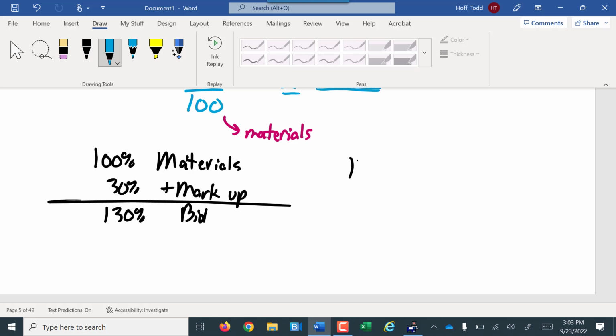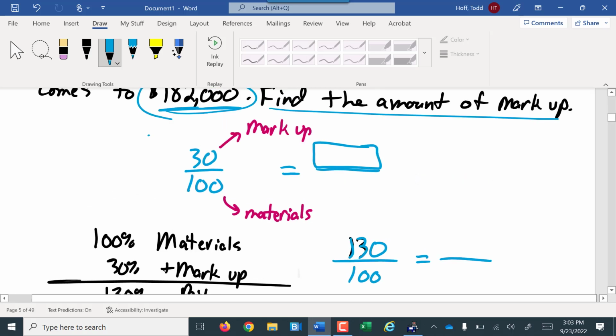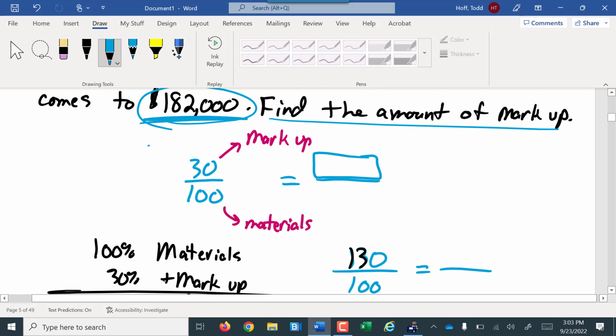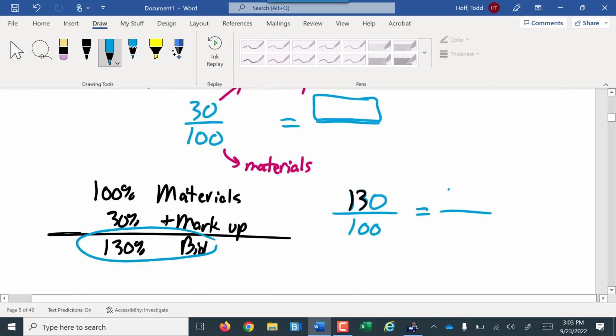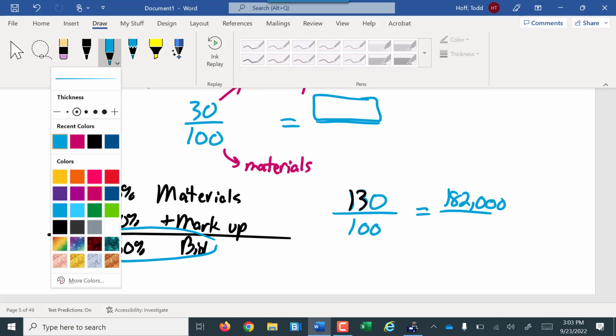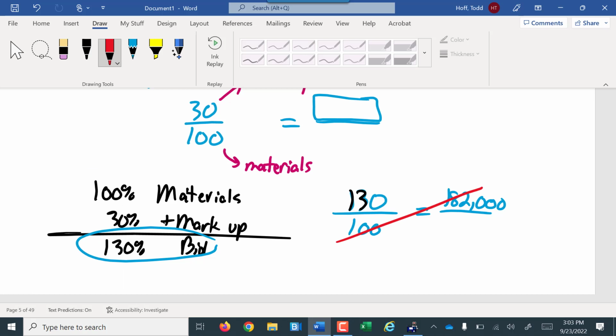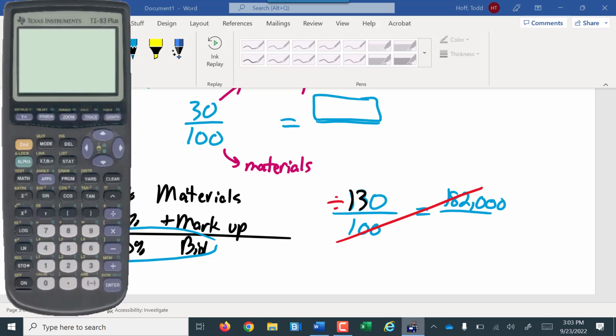So the percent we're working with here is actually 130%. So it's 130 over 100. And on the other side, the 182 represents the bid, which is the 130%, 182,000. And now we cross multiply and divide. 100 times 182,000 divided by 130.